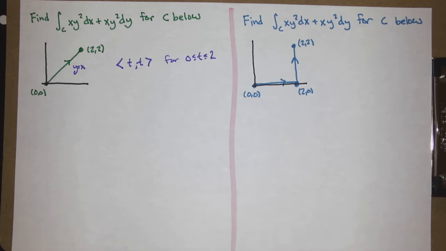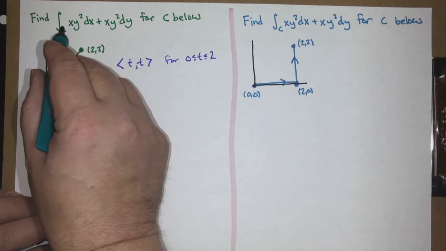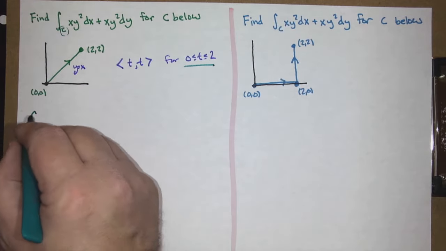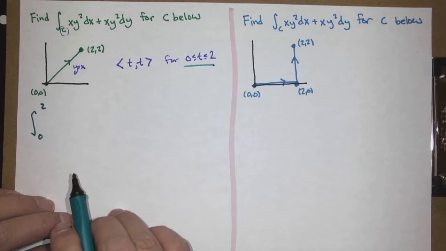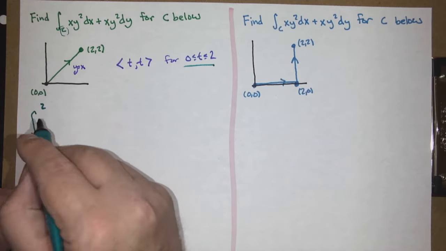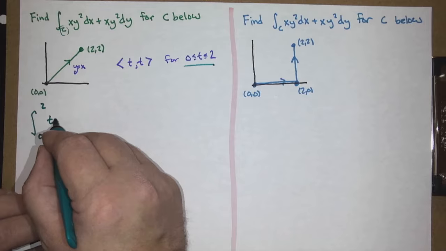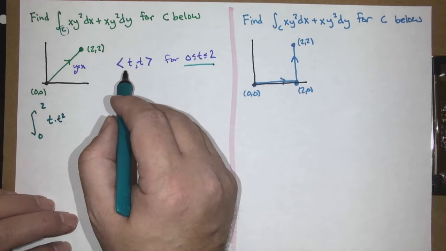Okay, so everything gets phrased in terms of t. So the integral, now we're going to replace the C using the bounds, 0 to 2. What will x become? t. What will y become? t. So t squared dx, x prime, dt.